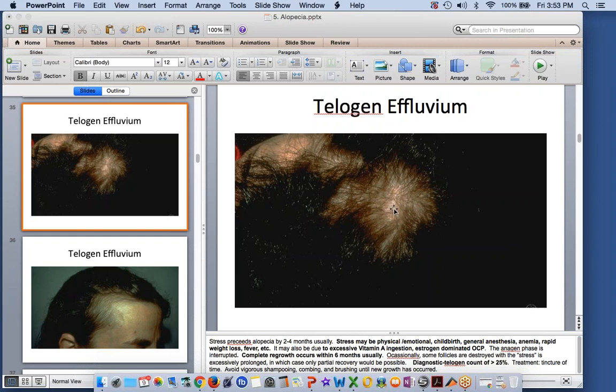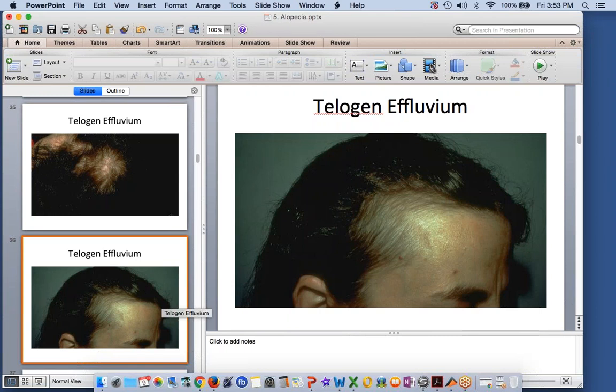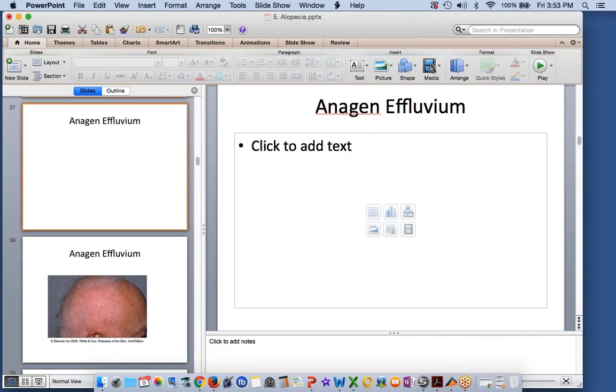Again, if I was going to do a biopsy, I would take one from the affected area and one from the unaffected area to make it easy for a pathologist to distinguish the normal from the abnormal, because there's a low variation in all of this.